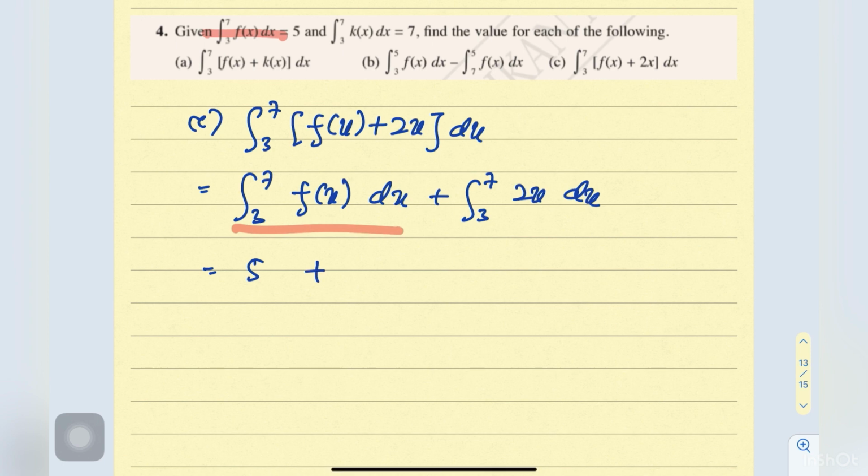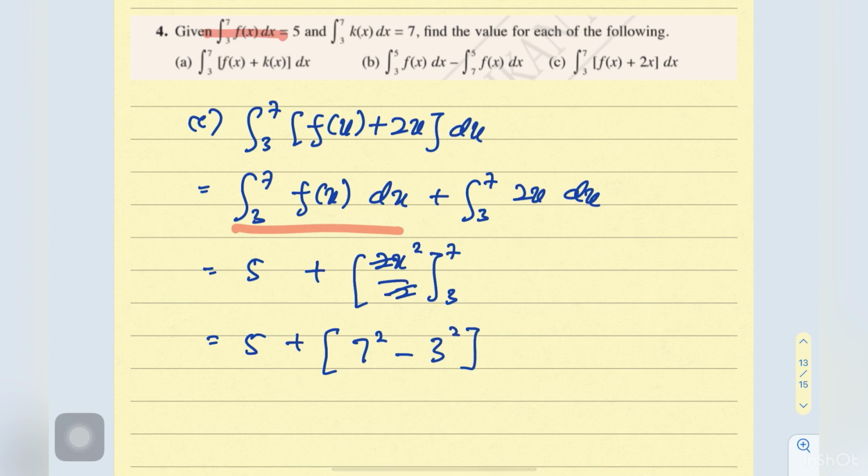But for this one, this one is an expression, so we integrate first. So 2x squared over 2. Then we simplify and substitute the upper limit. So 7 squared minus 3 squared. Okay, so 49 minus 9, so 40 plus 5, so 45.